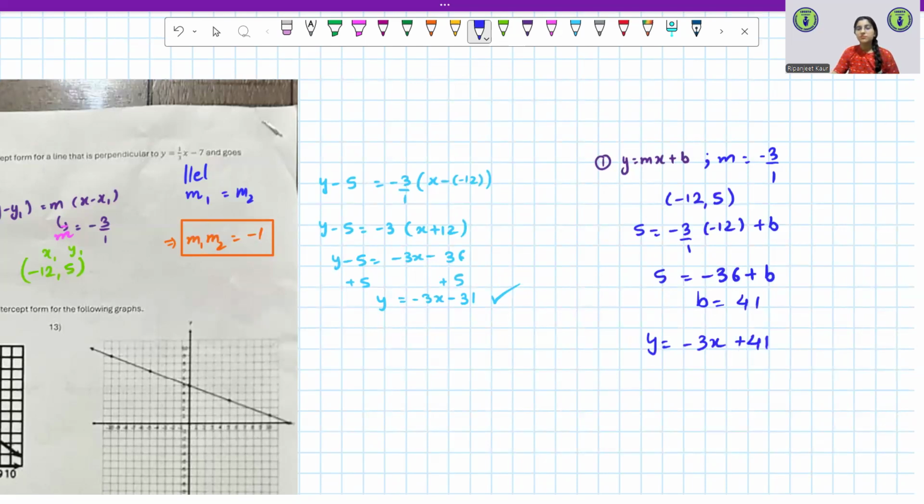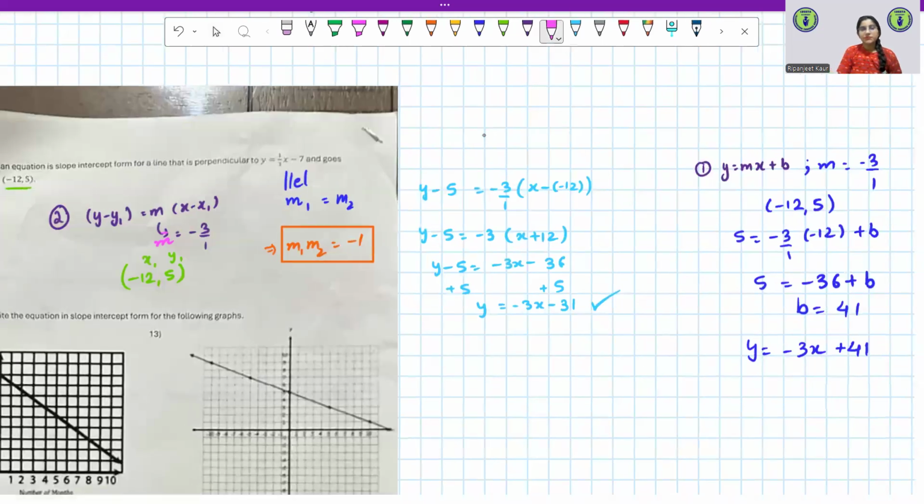Wait, how did you do that? Can you explain exactly what you did? Yeah. See, when it was the second equation, we did y minus y1 is equal to m times x minus x1.